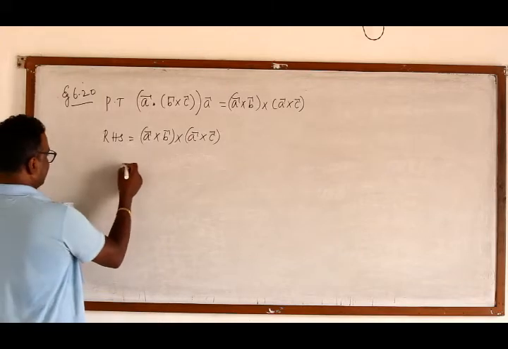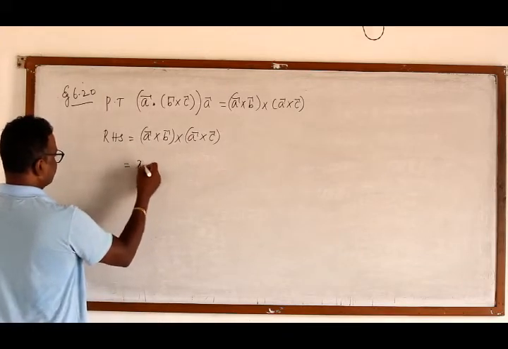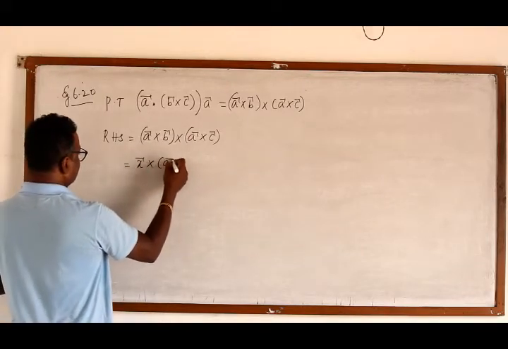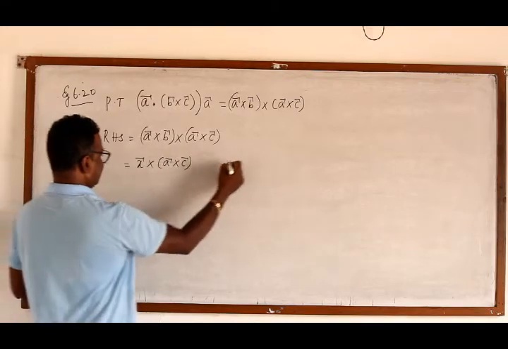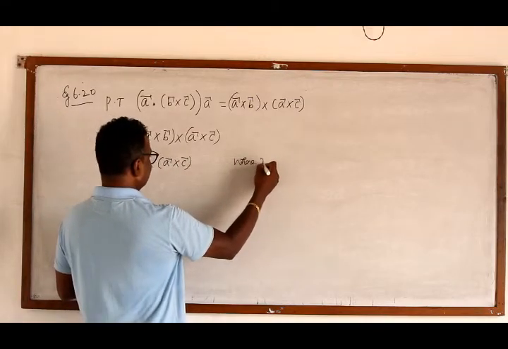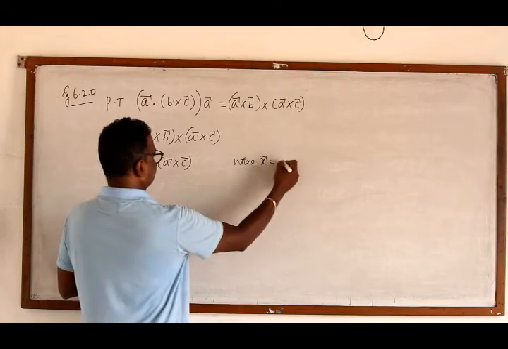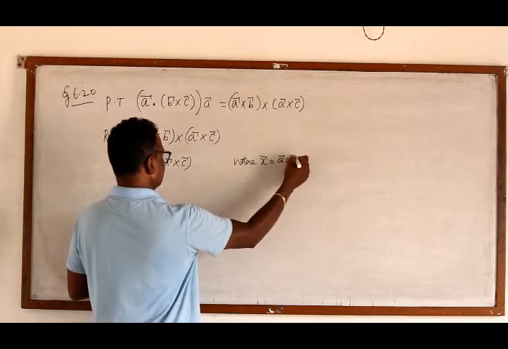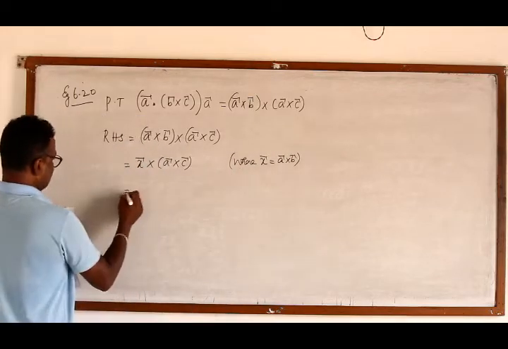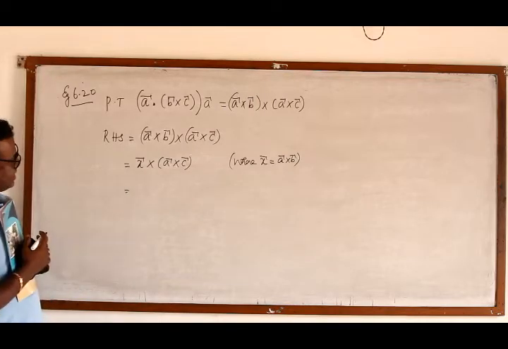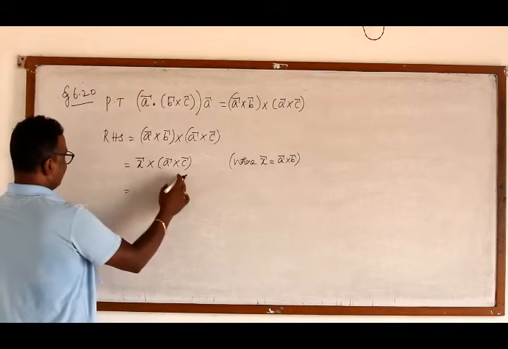Now, there are 4 vectors, so let me take A cross B as x vector. So x cross (A cross C). Now this is 3 vectors in cross product, so we can follow that formula.